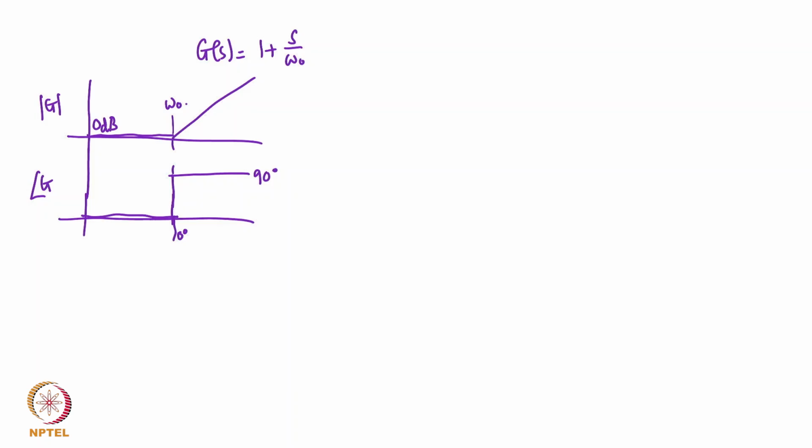Fine. So the actual plot again will be something like this, with this at omega 0 by 10 and this at 10 times omega 0. So this is how the zero response comes.